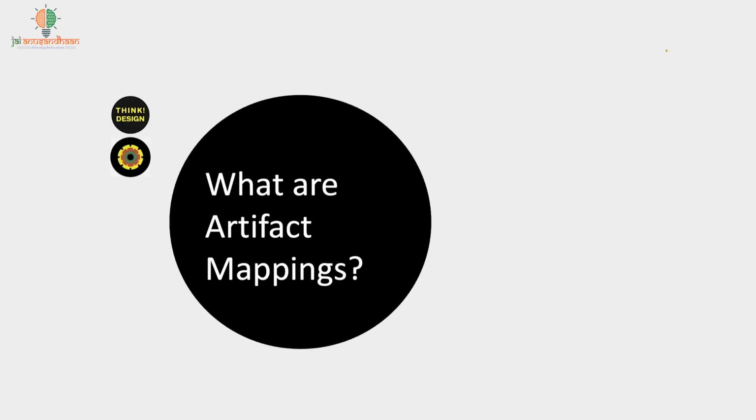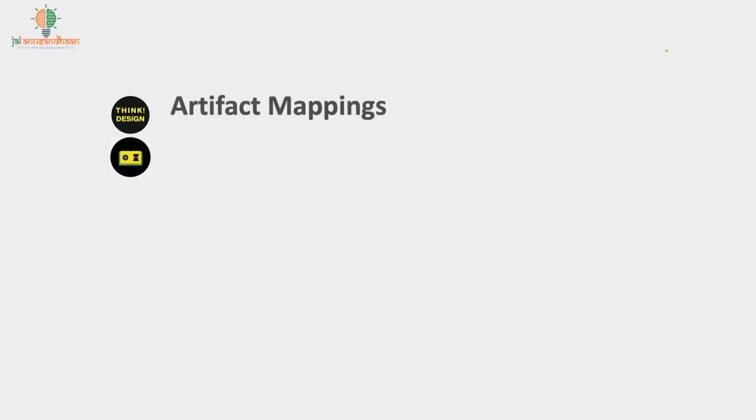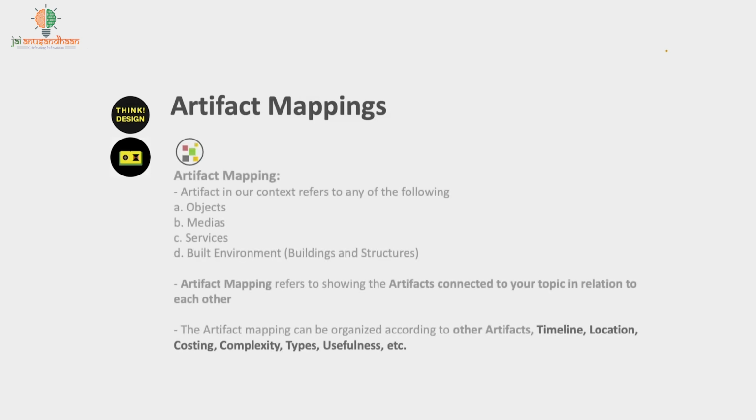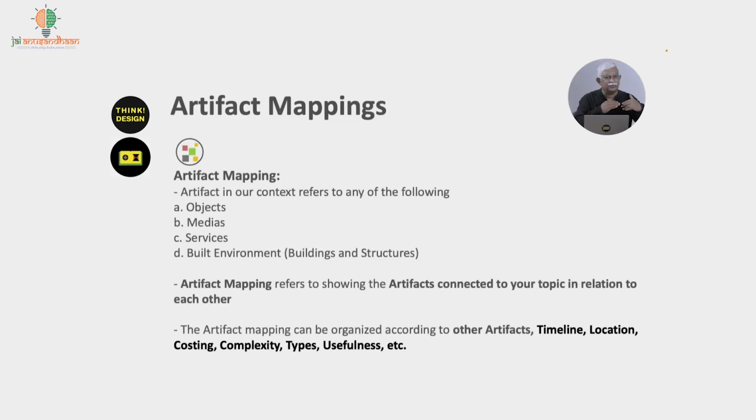So, let us look at what are artifact mappings. Artifact has to do with objects, media, services or the built environment, buildings and structures. So, the artifacts that are connected to your subject are shown in relation to each other.